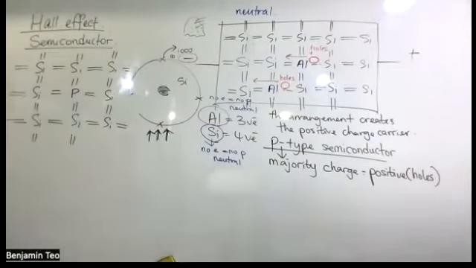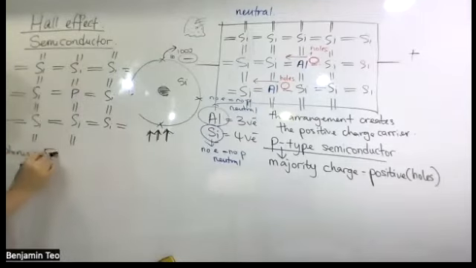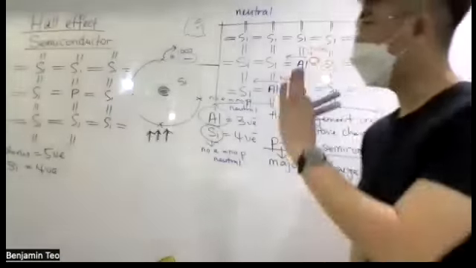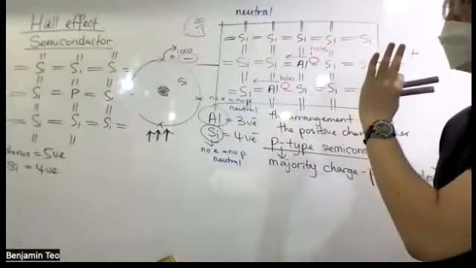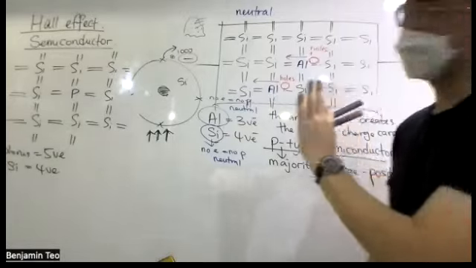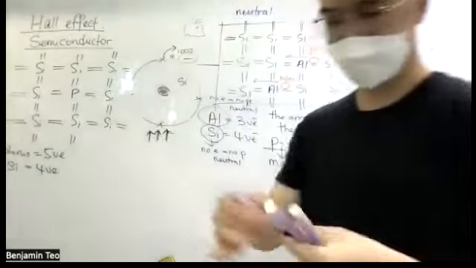How many valence electrons does phosphorus have? 5 valence electrons. Si has 4 valence electrons. So if it has 5, 4 are shared with the other 4 silicon atoms, and you get 1 extra.